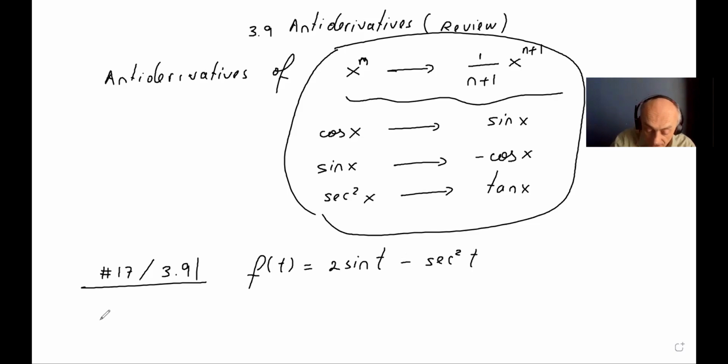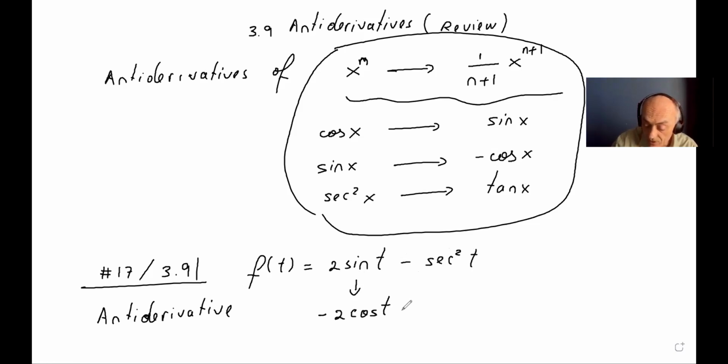All right, and the antiderivative of this function: for the 2 sine t, remember, folks, for sine t the antiderivative is negative cosine, so this is going to be negative 2 cosine t.